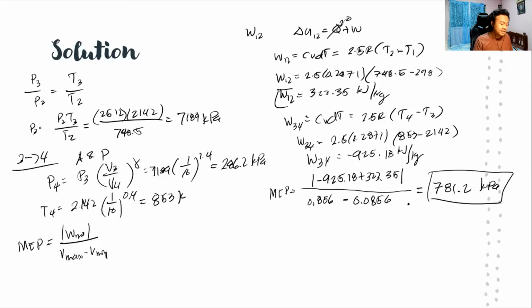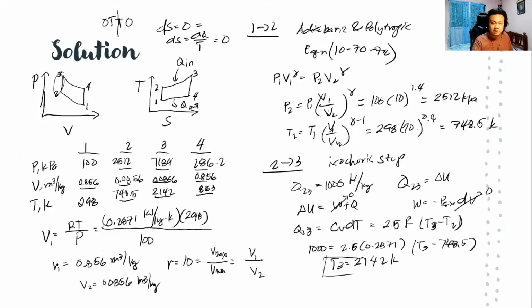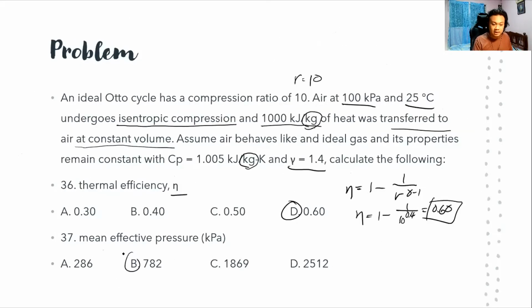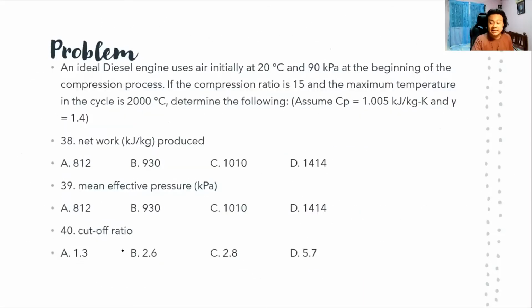Okay, so this is letter B in our answer. So that is for our Otto cycle. Now let's go for our diesel engine. For the diesel engine, the compression ratio R is equal to 15, diba?